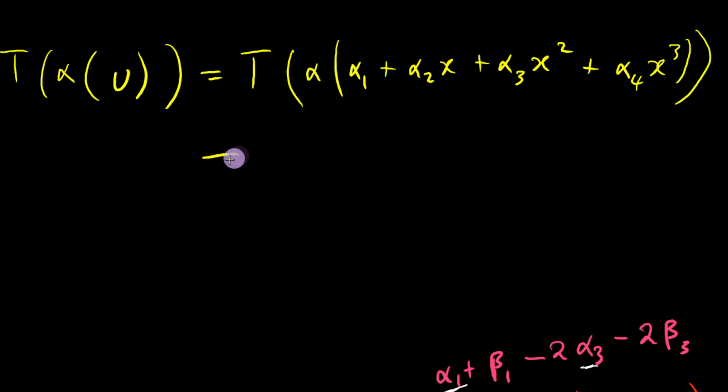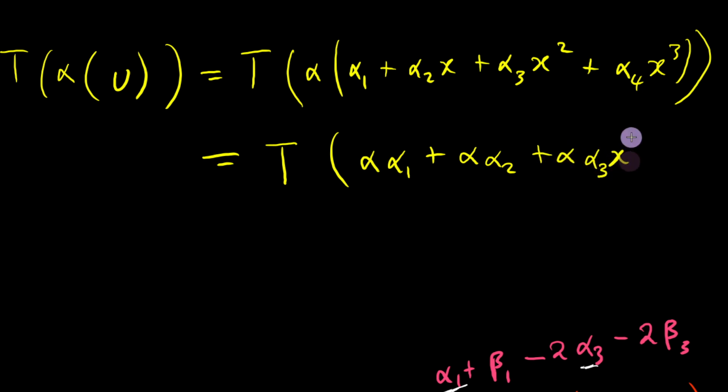We're multiplying across. So this becomes T of alpha 1 plus alpha 2 x plus alpha 3 x to the power 2, then plus alpha 4 x to the power 3. Okay, then we'll perform the transformation.